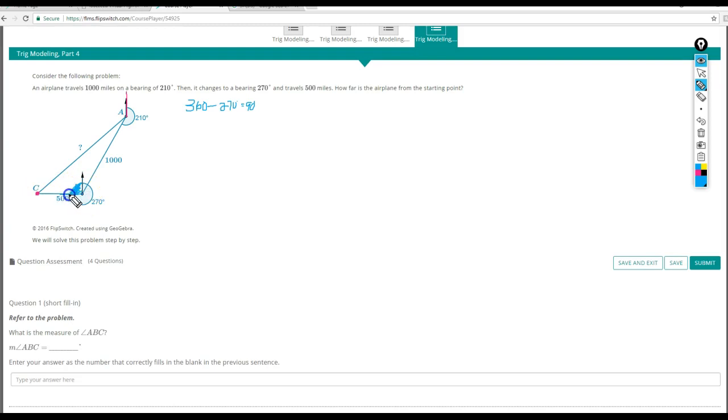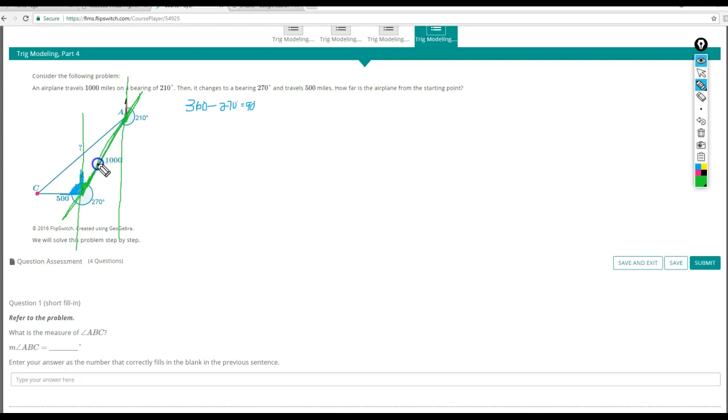So we just found this portion of our angle, and now we need to find the remaining portion, from our bearing to the side length AB. So how can I do that? I know that I can have parallel lines, and due north being due north would create two parallel lines, and we have a transversal here, the side length AB.